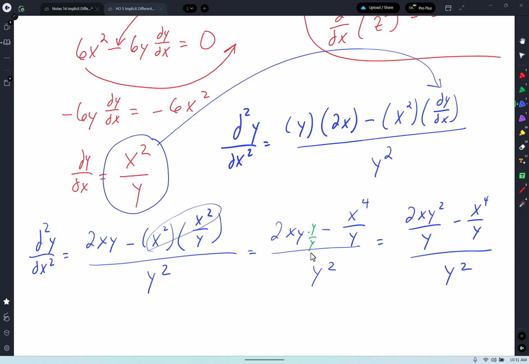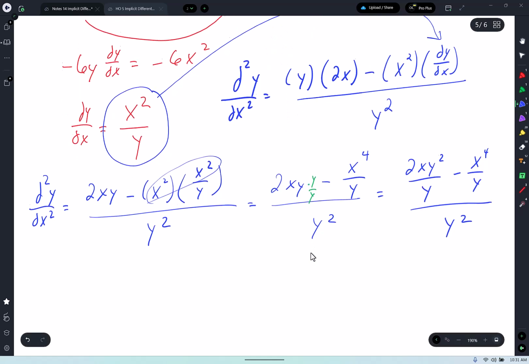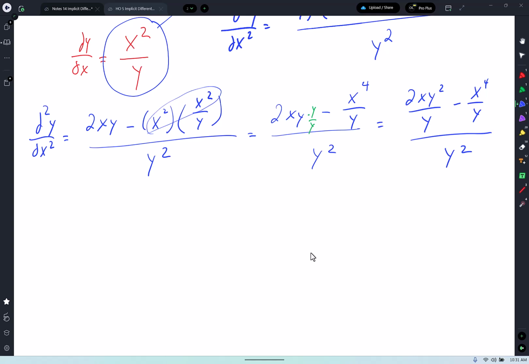Sorry. I'm trying to show as much detail as I can. I hope that you guys are happy with all these details. 2xy squared minus x to the fourth over y, over y squared. I'm about to do keep change flip.